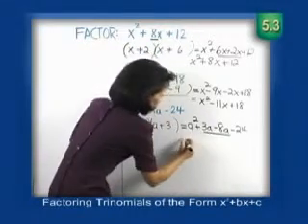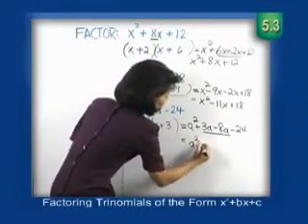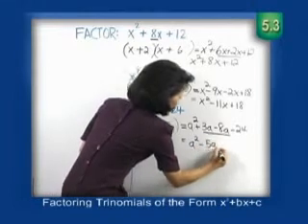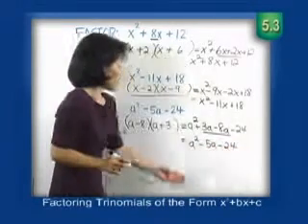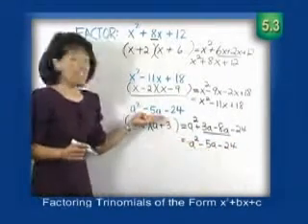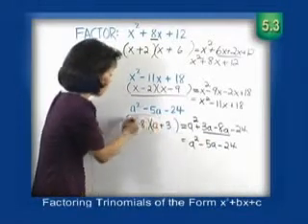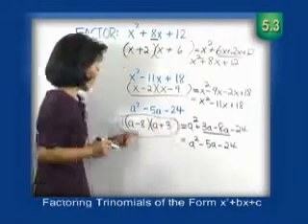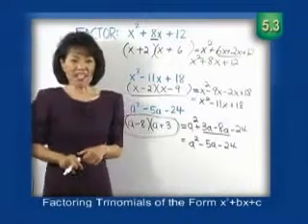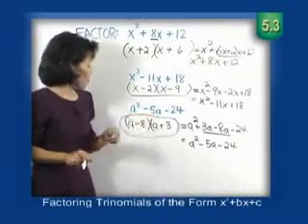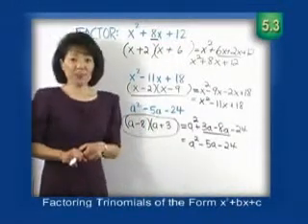Add the two inside terms. That gives us a squared minus 5a minus 24. Make a quick check. It's exactly where we started, so we can be assured that a minus 8 times a plus 3 is the correct factorization for a squared minus 5a minus 24.